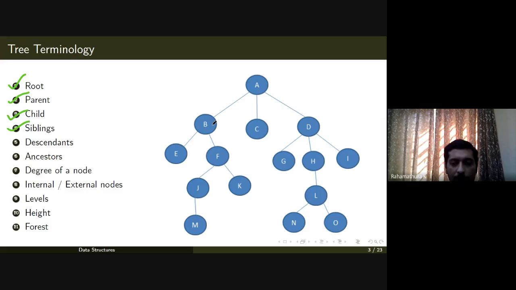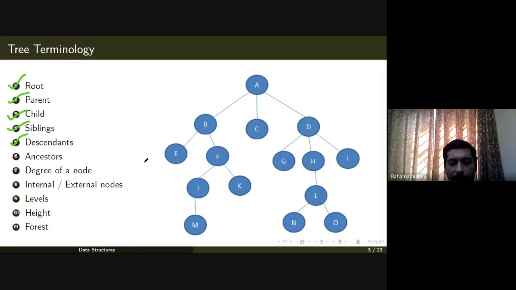So the nodes which are reachable by using a path from the current node are known as the descendants of a node. For example, the descendants of A contains all the nodes. The descendants of B contains all the nodes that are below B.